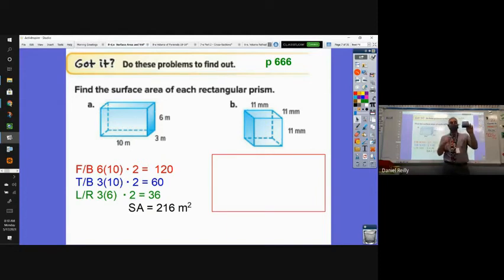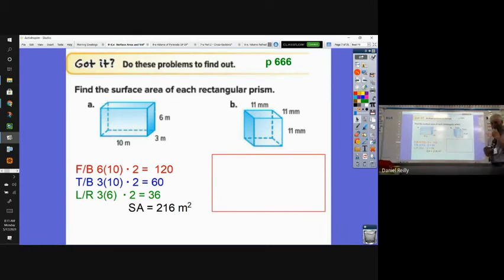So a cube, when the measurements are the same, the length, the width, and the height are all 11 millimeters. Do I have to do 2 times 11 times 11 and 2 times 11 times 11 and 2 times 11 times 11? Do I have to do the front, the back, and the side of it? No, they're all the same. They're all squares, and how many are there? 6 squares.